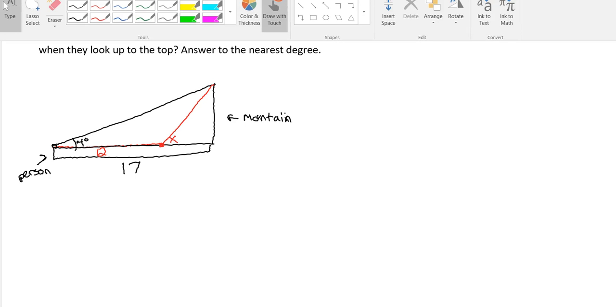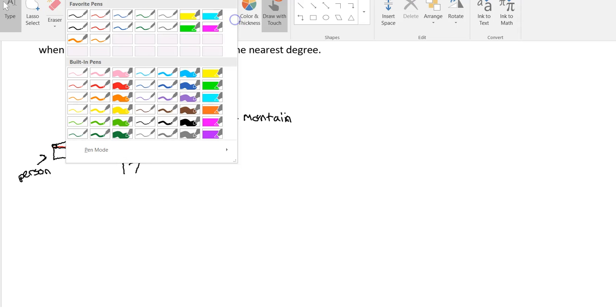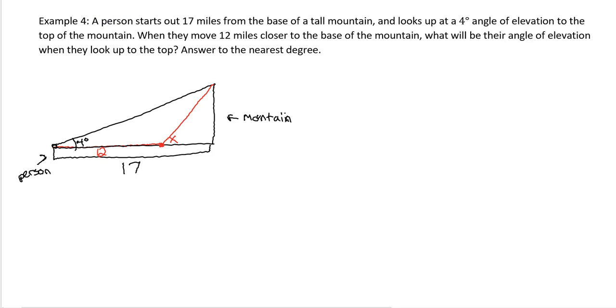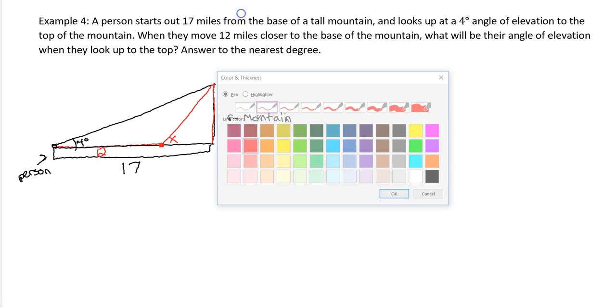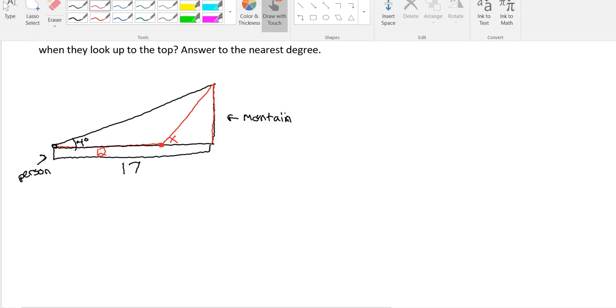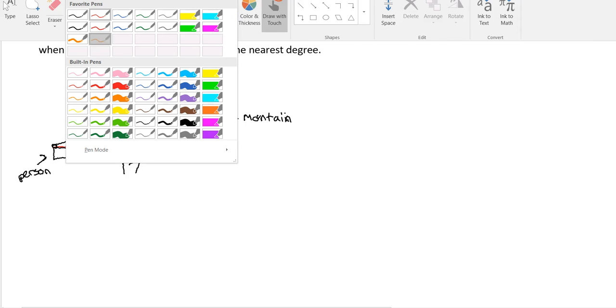What other things do I need to know? Well, if I want to figure out this angle, I need to know some sides of that triangle. That didn't change colors. Sorry, guys. It's orange.